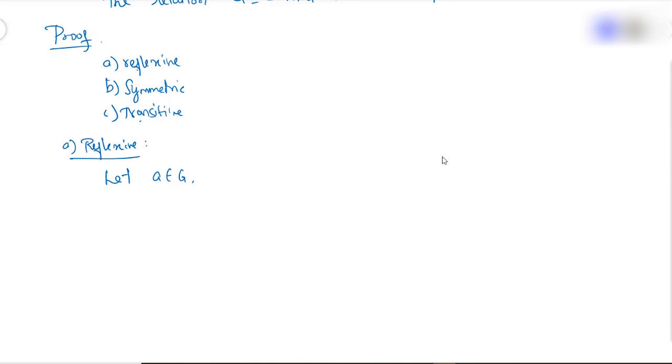To prove a congruent to a mod H, we need aa inverse to belong to H, which implies e belongs to H. Yes, it's true. Since H is a subgroup of G, H is a group. Therefore, the identity element will be in H, so reflexive is satisfied.